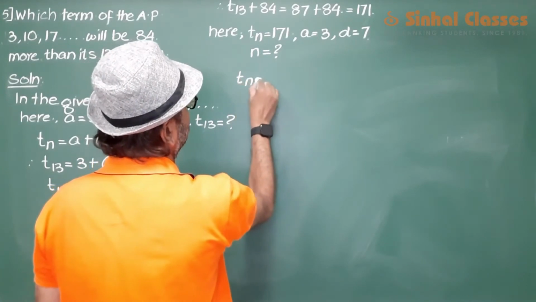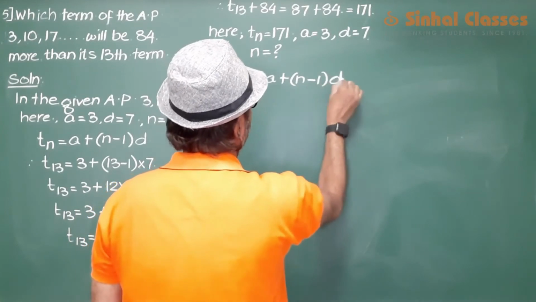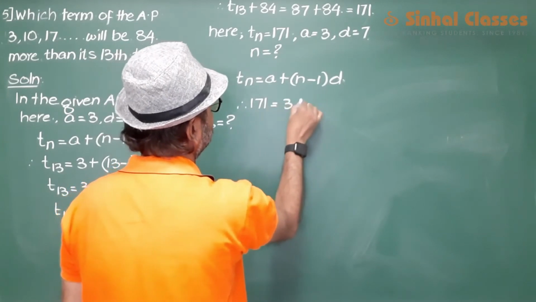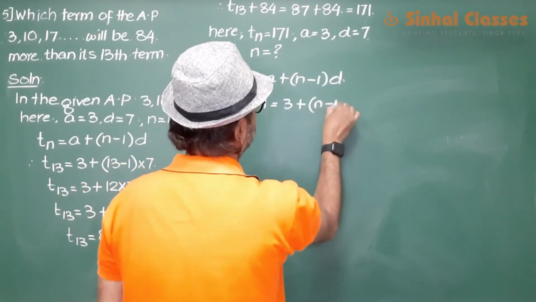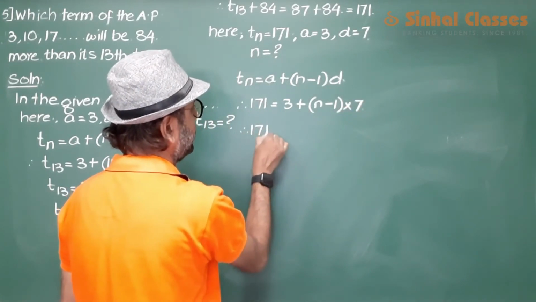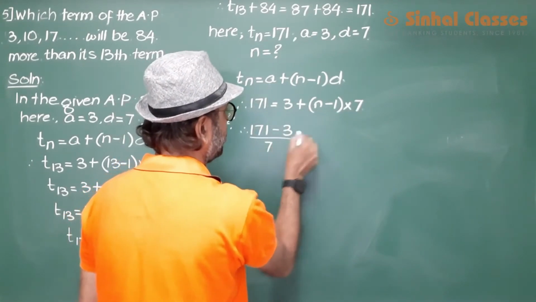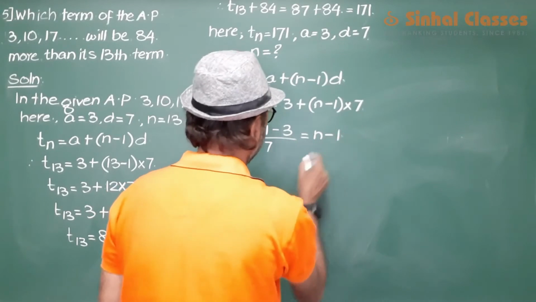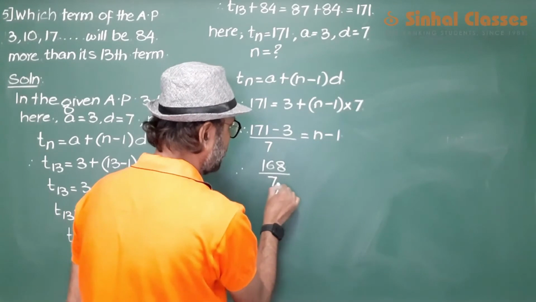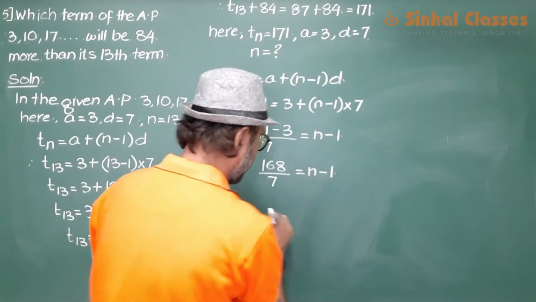Tn is equal to a plus n minus 1 into d. 171 is equal to 3 plus n minus 1 into d. 171 minus 3, bring 3 on this side and divide this by 7, is equal to n minus 1. 168 upon 7 is equal to n minus 1.